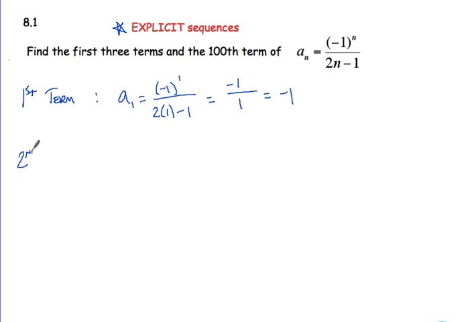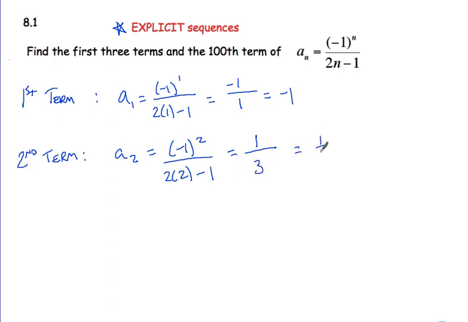If I want the second term, I'm going to plug in a 2. So a sub 2 would equal negative 1 squared over 2 times 2 minus 1. So again, if I want my second term, I'm plugging in a 2 in for n here and here. All right, well, negative 1 squared is a positive 1. And then down in the denominator, we'll have a 3.